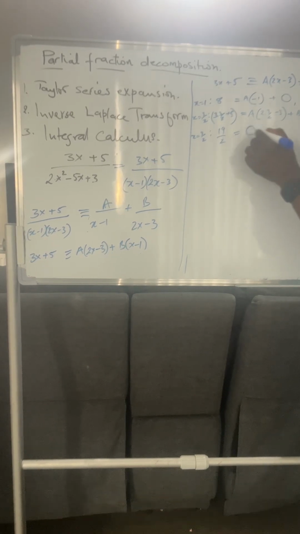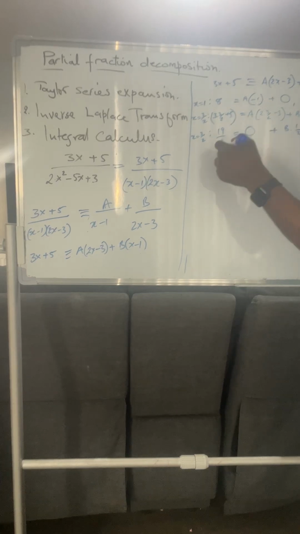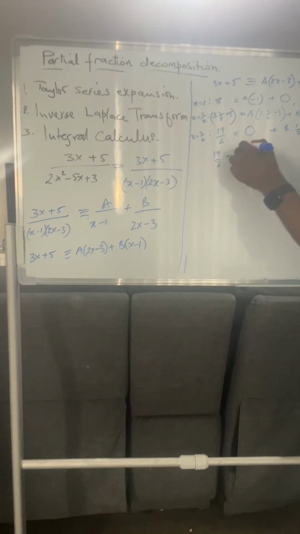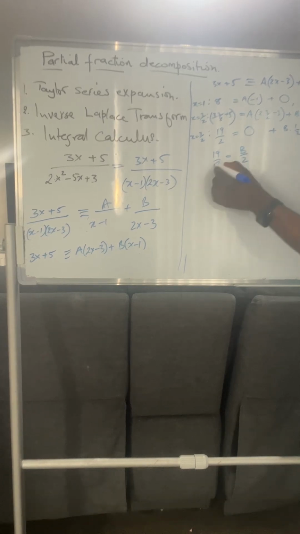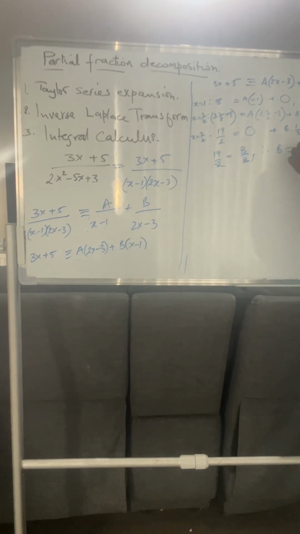So this one will go to 0. That's what you want. Plus 3 all over 2 minus 1, this will give you b times 1/2. So now you will have 19 all over 2 equals b all over 2. So the 2's will cancel. So therefore, b equals 19.